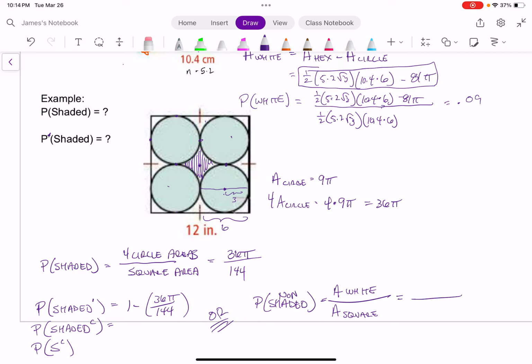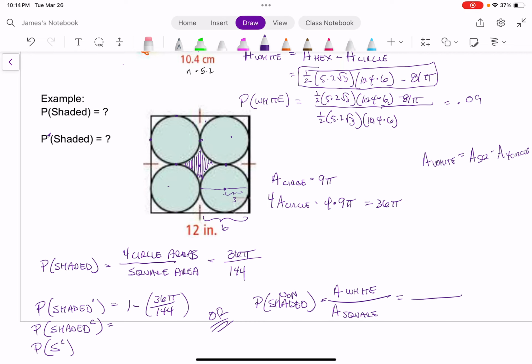So let's do that. How can I find the area of the white? Well, the area of the white would be, if you think about it just logically, does it make sense that would be the area of the square minus the area of the 4 circles?